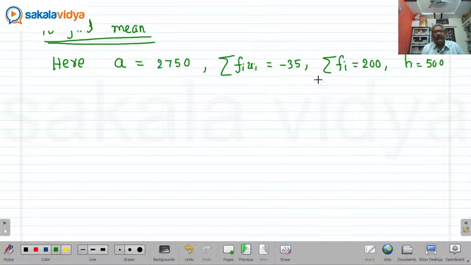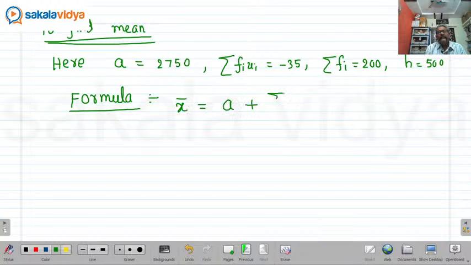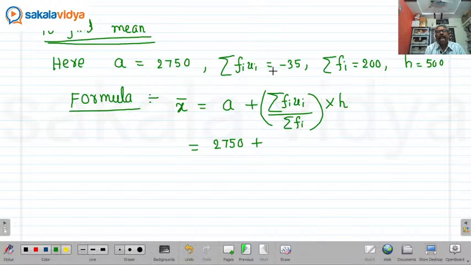Now the formula. Let us write the formula. x bar equals A plus sigma Fi ui upon sigma Fi, multiplied by size of the class H. So A is 2750 plus sigma Fi ui is minus 35 upon sigma Fi is 200, multiplied by 500.